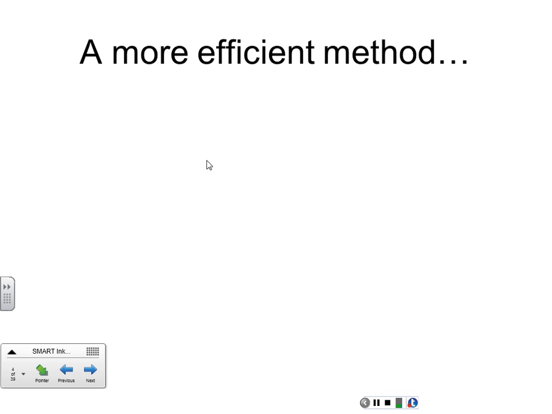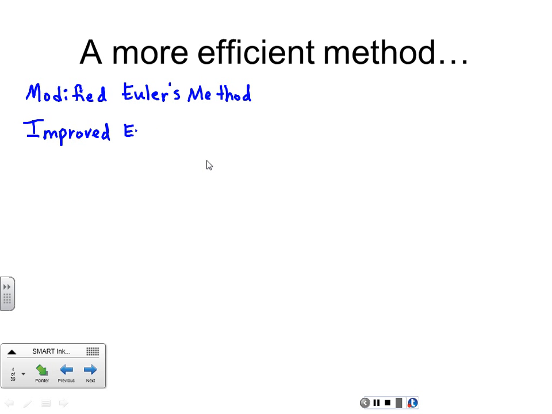Modified Euler. Improved. Those are a couple of titles that have been given.